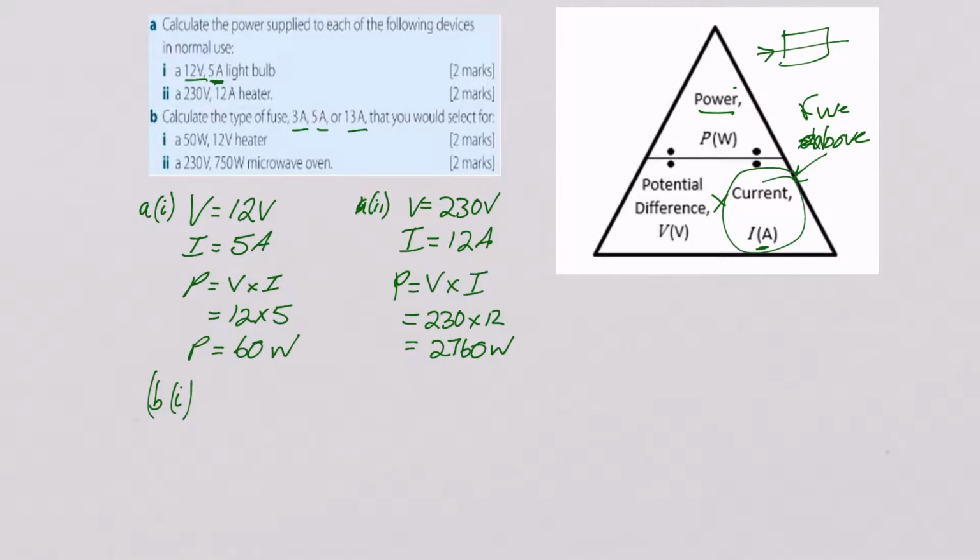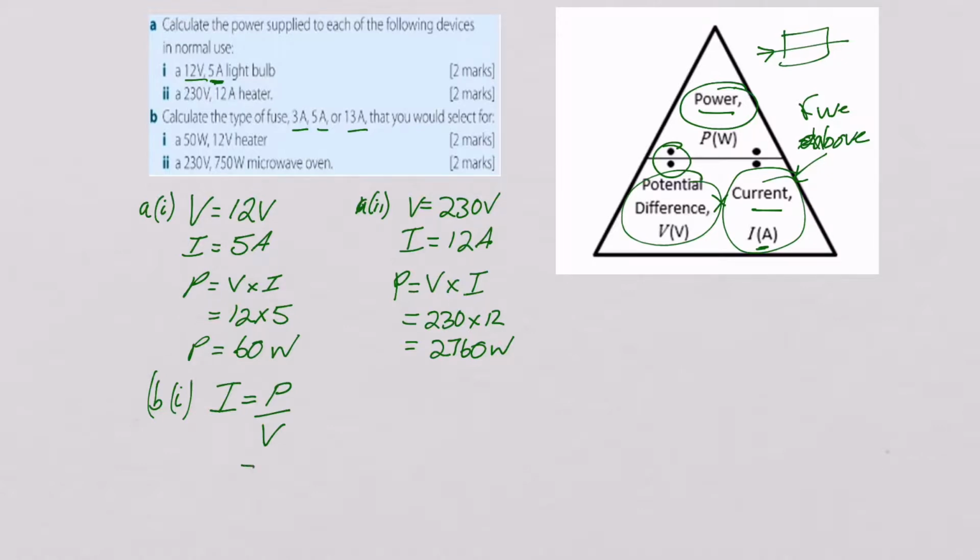Okay, so let's have a look at the question for the heater. It's saying it's got a power of 50 watts, and the potential difference is 12 volts. So what I need to do is find the current. That means the current is equal to the power divided by the potential difference. So the current I is equal to the power P divided by the potential difference V. So let's do that calculation and put the numbers in.